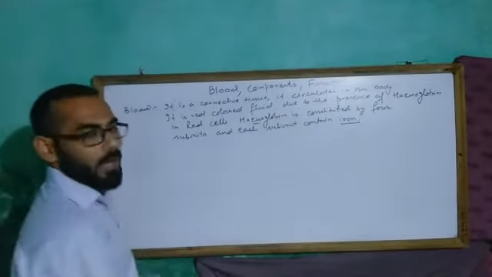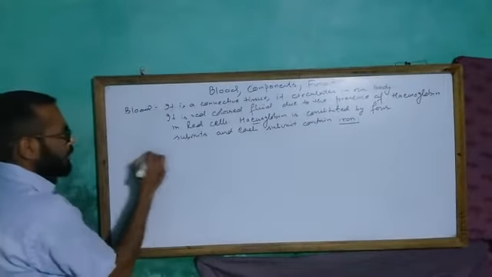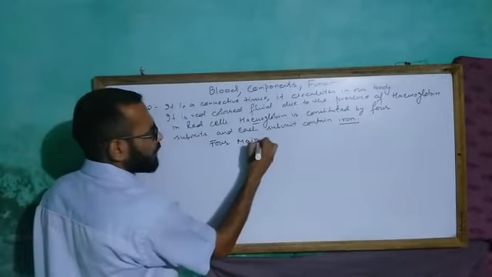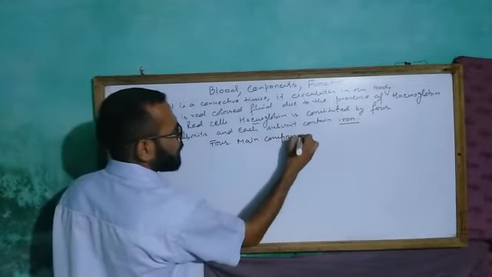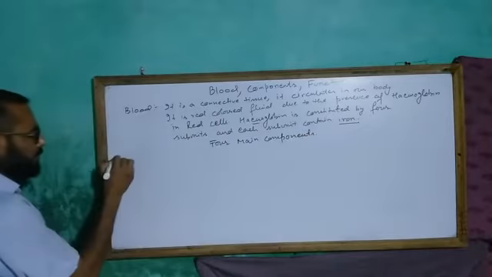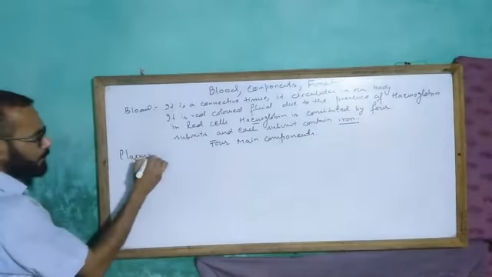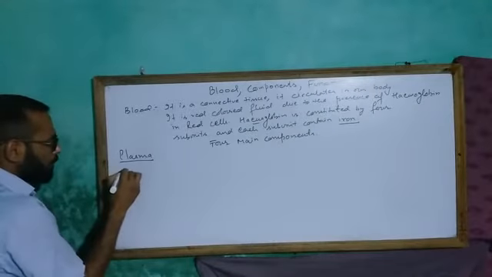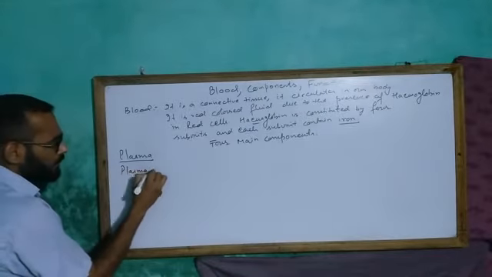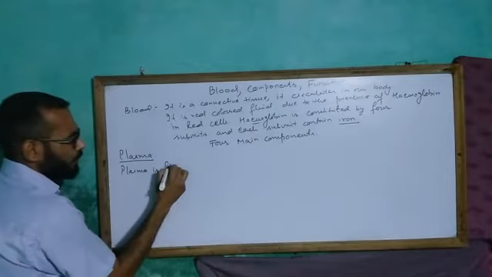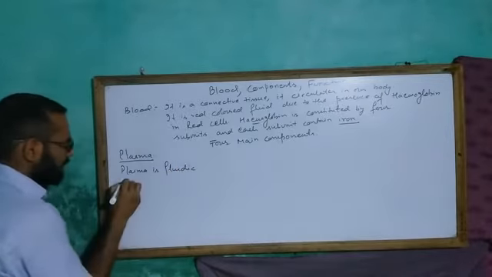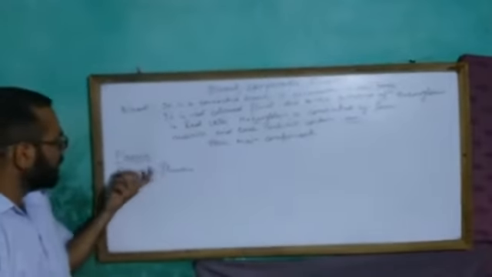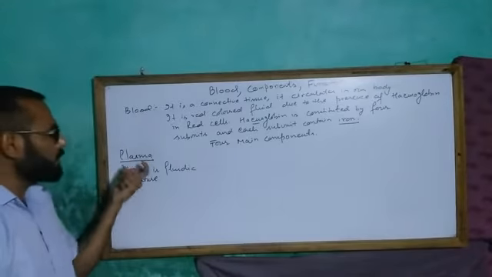Now, components of blood. Blood has 4 main components. First, plasma. Plasma is fluidic in nature. That's why the fluid part of blood is plasma.